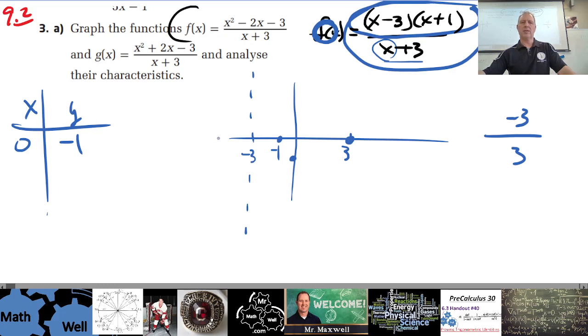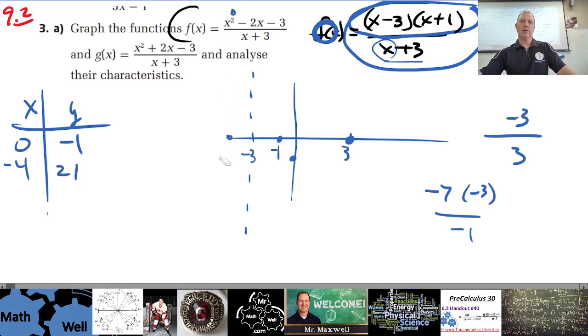So let's find out what's going on the other side of the asymptote. What about -4? You can get your calculator going if you want, but -4, so that's -7 times -3 over -1. So that's going to be plus 21. So here's way up here, 21.